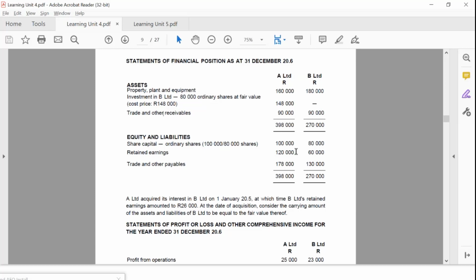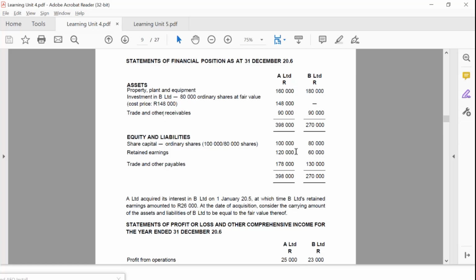But I like the entry you have given me here. The reason I'm passing this entry is that when the parent company A Limited acquired B Limited, A Limited will have made an entry in its own financial statements to debit investment in B of 148,000 and credit bank of 148,000.